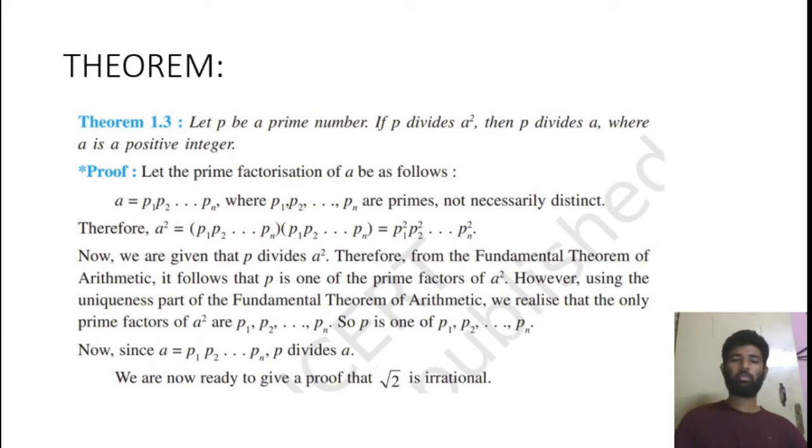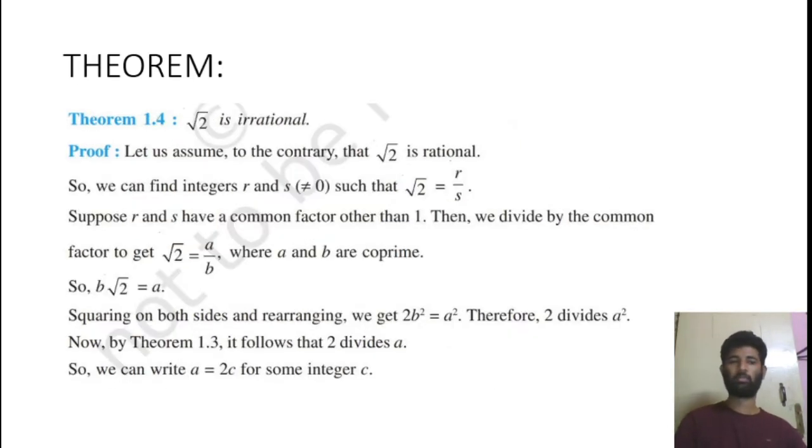So now by using this theorem we are going to prove that root 2 is irrational. If you look at this theorem, actually this is an example. Root 2 is irrational. Not only root 2, the square root of any prime number is irrational. So we can use the same technique to find out whether the square root of any prime number is irrational or not.